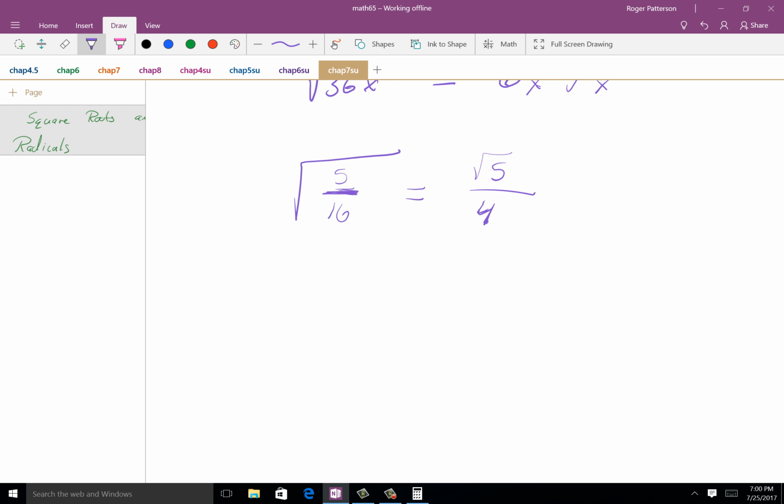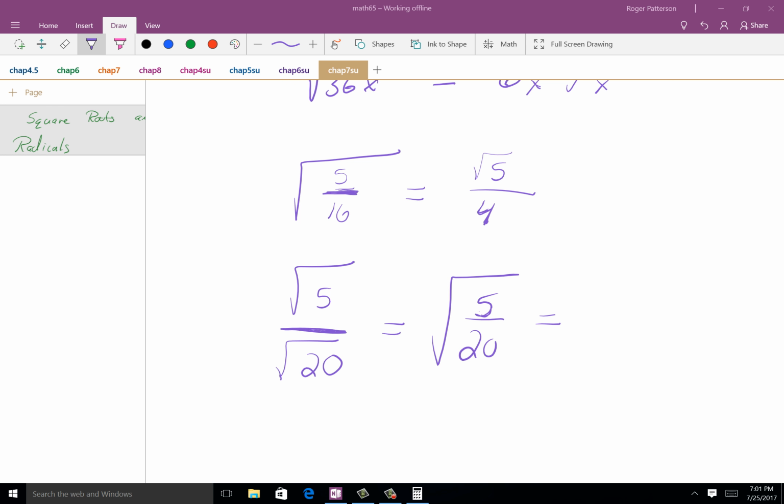Now you could have one like this, where we have the square root of 5 over the square root of 20. I can rewrite that like this. That's legal mathematically.